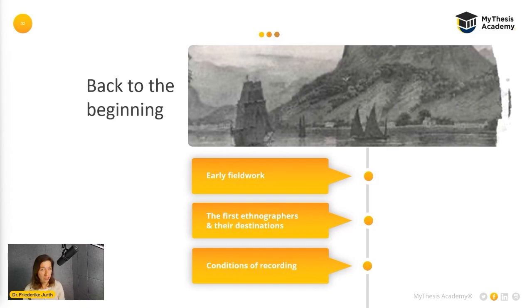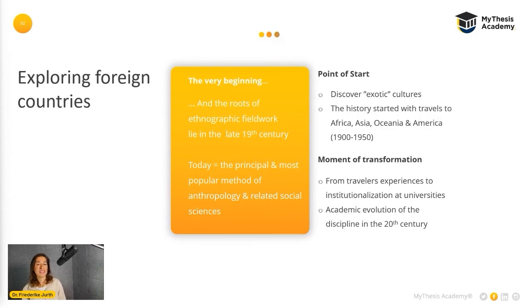The point of start was basically the interest in exploring foreign countries and foreign cultures, to discover the exotic cultures. What was exotic? Well, basically the other continents, namely Africa, Asia, Oceania, and the Americas. This was around 1900 until 1950, more or less.